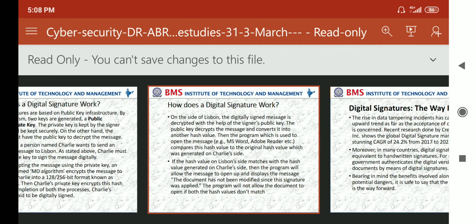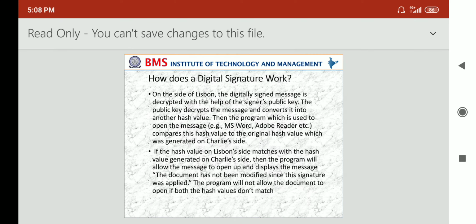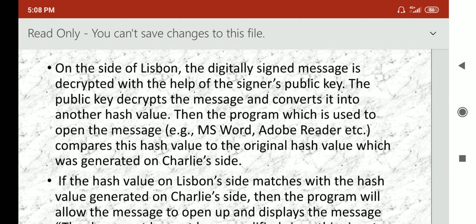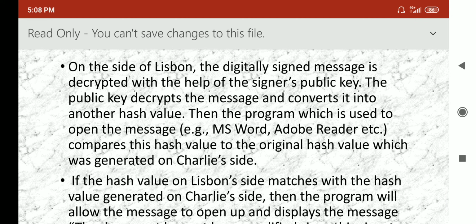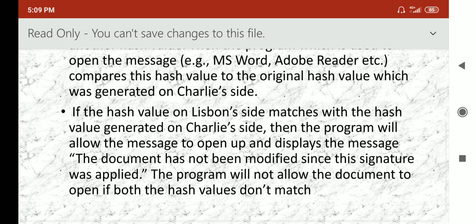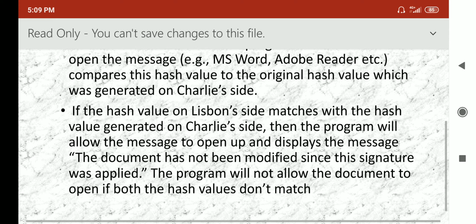Then on the side of Lisbon, we have to understand what happens, right? On the side of Lisbon, the digitally signed message is decrypted with the help of the signer's public key. The public key decrypts the message and converts it into another hash value. Then the program which is used to open the message compares this hash value to the original hash value which was generated on Charlie's side.